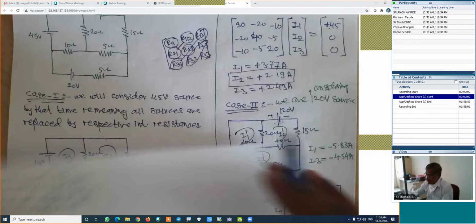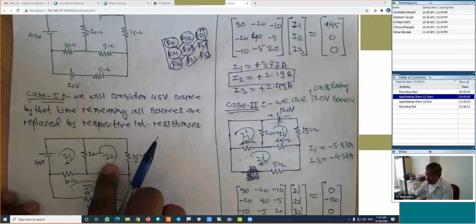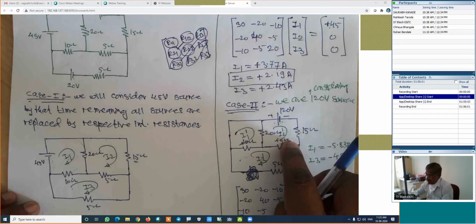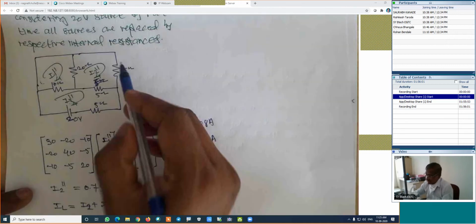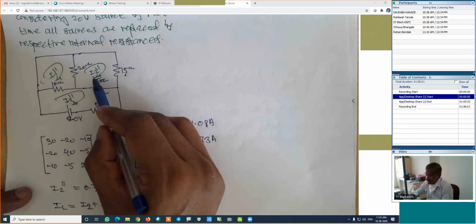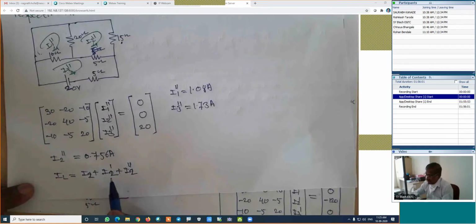The current in the 15 ohm is clockwise for the first case, named I2. Clockwise for the second case, named I2 dash. And the same current in the same resistance is I2 double dash in the third case. That's why it is I2 plus I2 dash plus I2 double dash.